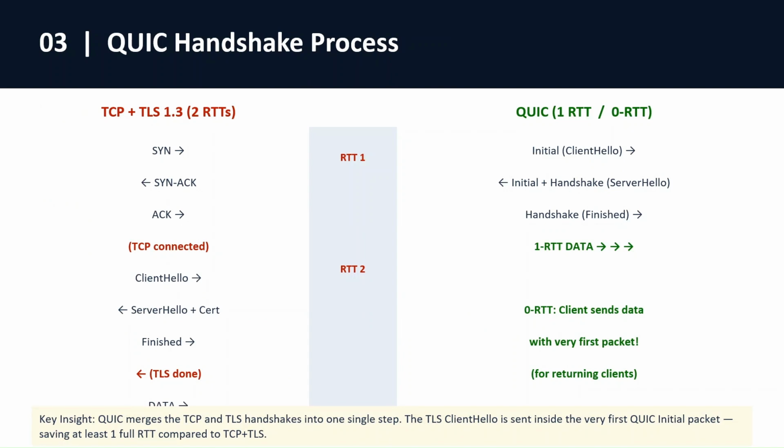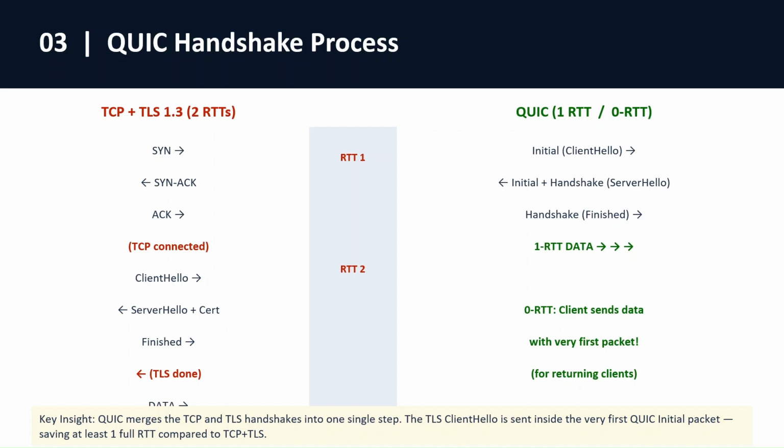So in here I'll explain the handshake comparison between TCP and QUIC. This is one of the most important slides of my submission. The handshake compares the TCP plus TLS model and QUIC. On the left, TCP plus TLS 1.3 requires two round trips minimum before data flows.